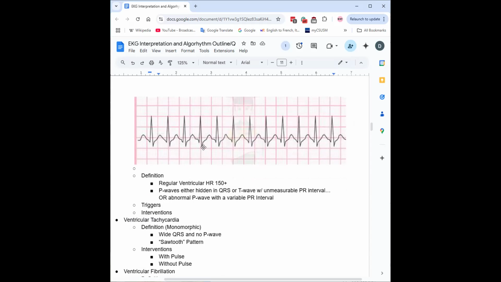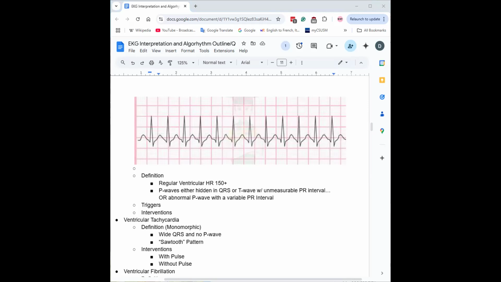So you can't really see a well-defined P and T wave. It kind of just looks like one thing. And I think the one that Robin shows in class is even faster, so it looks even more difficult to tell apart, if you even can.